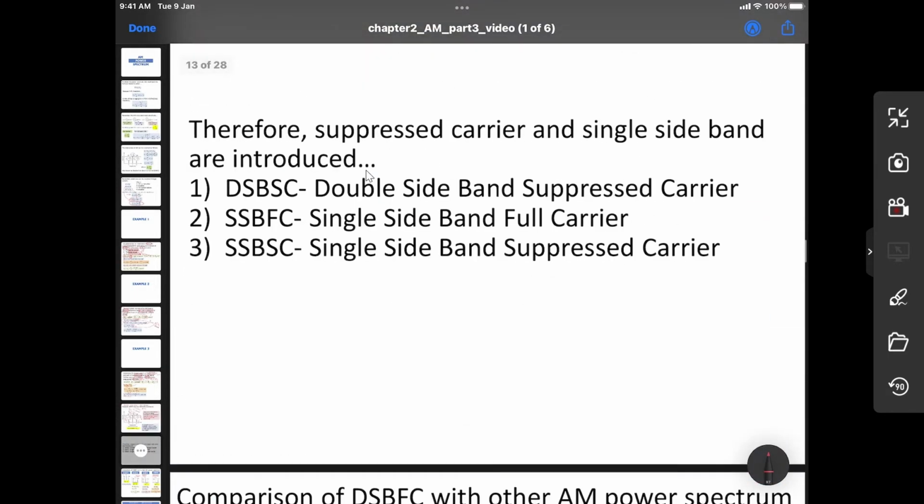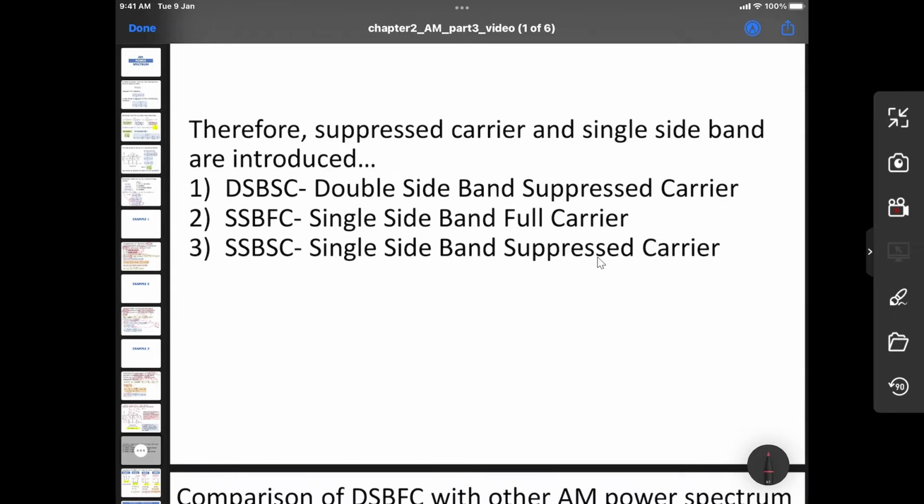So they introduced double sideband suppressed carrier. So the word here is they suppress the carrier. The carrier is there, but they suppress it so that they don't waste power on that. And or they have one sideband with the carrier, or they only have one sideband.